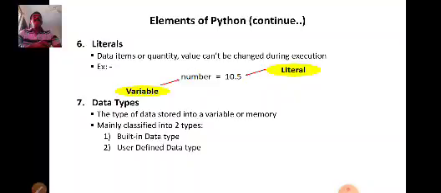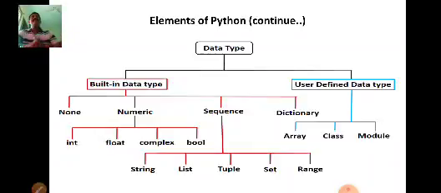Suppose we want to store integer values, floating values, characters or strings; at that time we have to use data types. There are built-in data types and user defined data types. Built-in data types are readily available in the compiler itself, while user defined data types are created by the users.